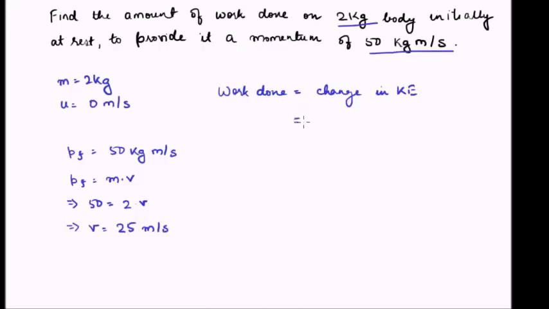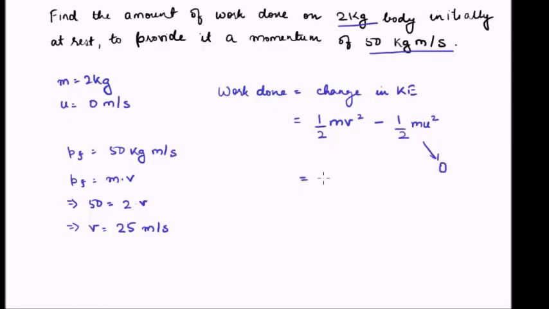Now, how do I find the change in kinetic energy? It will be the final kinetic energy, that is half mv square, minus the initial kinetic energy, that is half mu square. For this particular question, the body was initially at rest. As a result, the second term turns out to be 0.